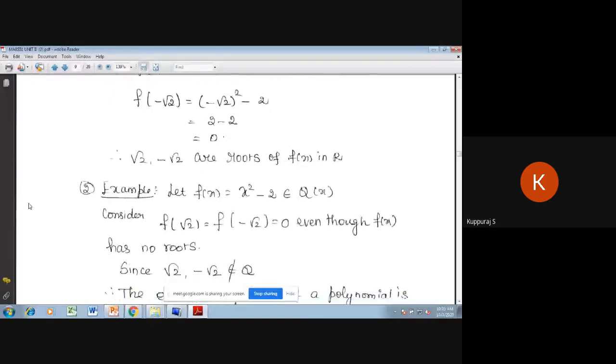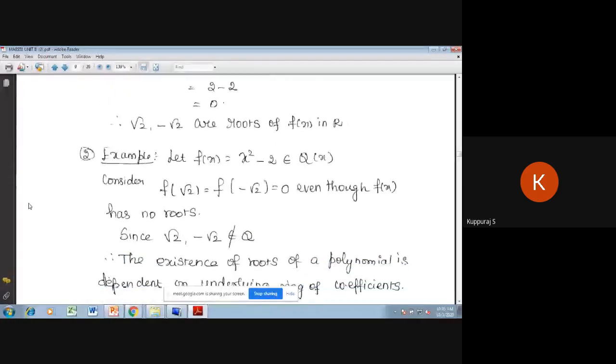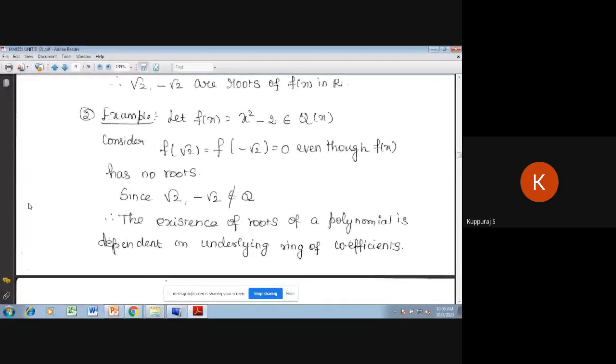So the next example, let f of x is equal to x squared minus 2 belonging to Q of x. Q of x means the polynomial ring over the set of all rational numbers. Here, the coefficient of x square and the constant term belong to the set of all rationals, 1 and minus 2 belong to the set of all rationals.